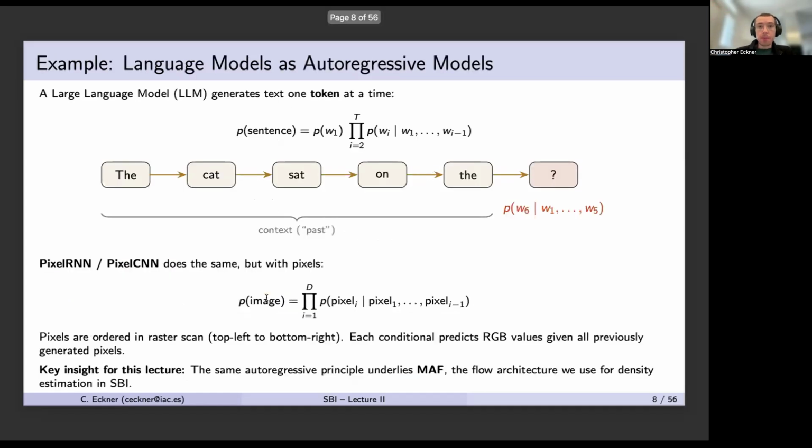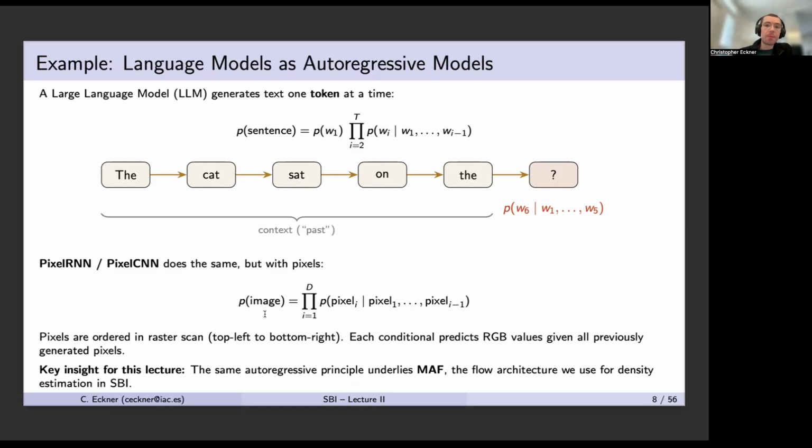Right. So, just to make this more diagrammatic, or at least to have a little picture of how this works for those large language models: if a token is just a word, though it doesn't have to be and can be more than a word, you have exactly this decomposition of your sentence, where each word depends on its past, or is conditioned on its previous words in this chain, so that the prediction of your next word will depend on what has already been said in the sentence.